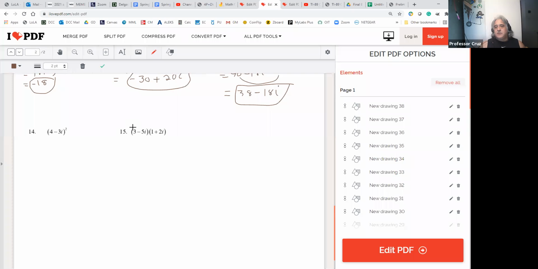All right, let's just do this one. We'll come back to that one over there. So 3 times 1 is 3. 3 times 2 is plus 6i. Inside is negative times positive, so that's negative. And then negative 5 times positive is negative 10i squared.